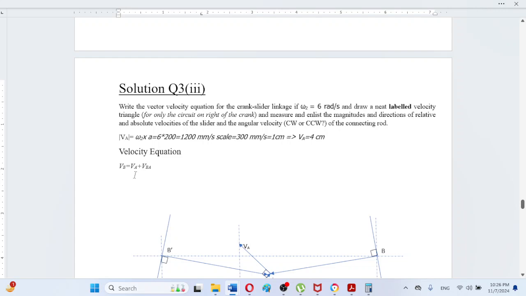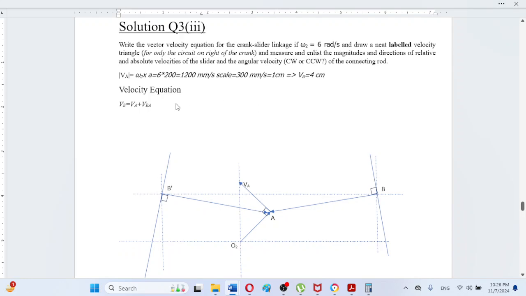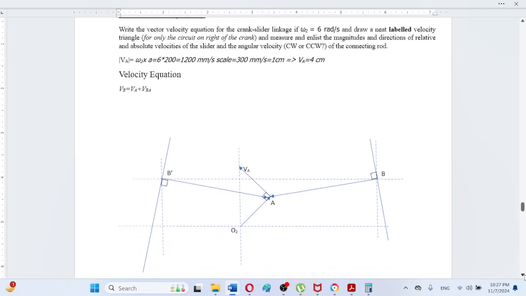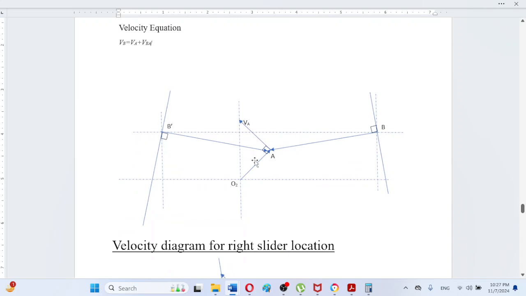So the velocity equation is VB is equal to VA, because this is the input, plus VBA, which is the connecting rod relative velocity. Here the vectors are shown on the actual schematic diagram for the crank slider.